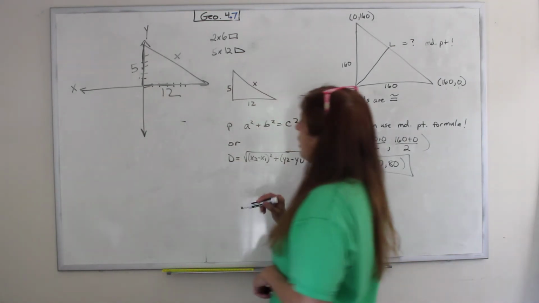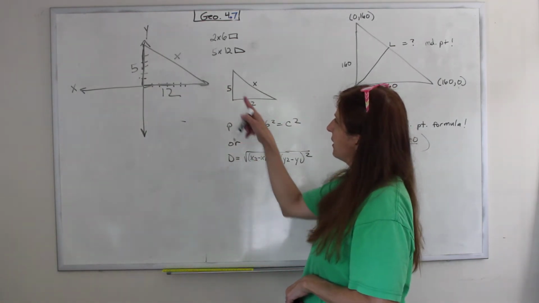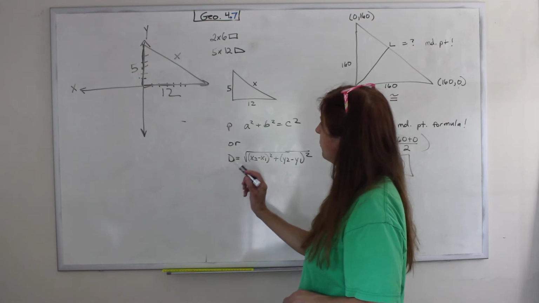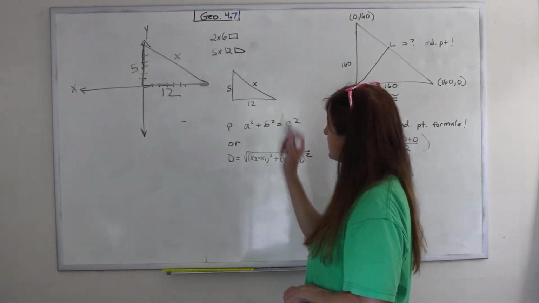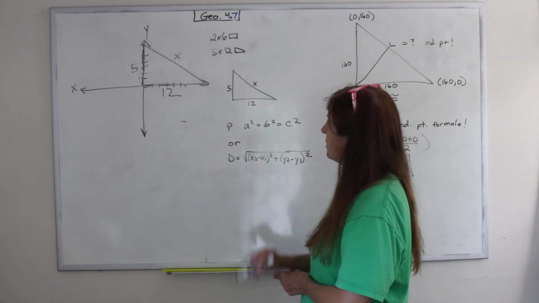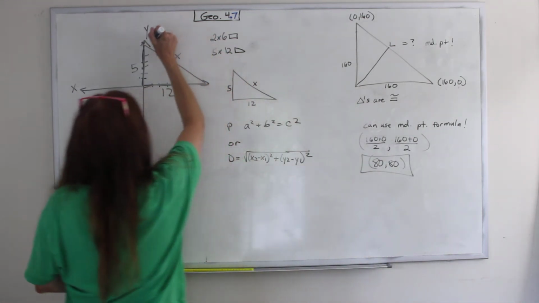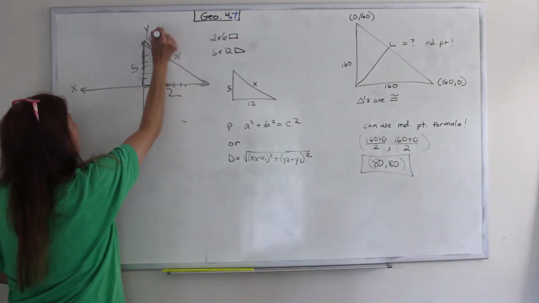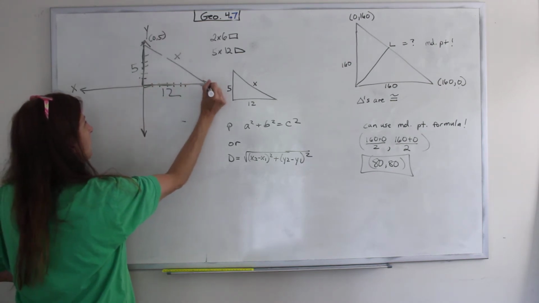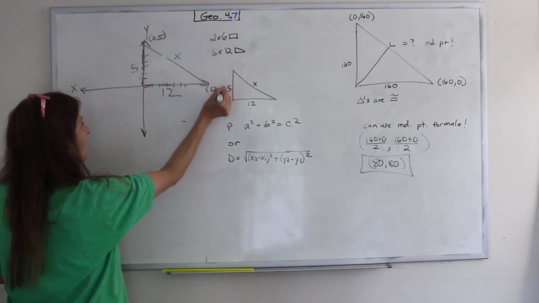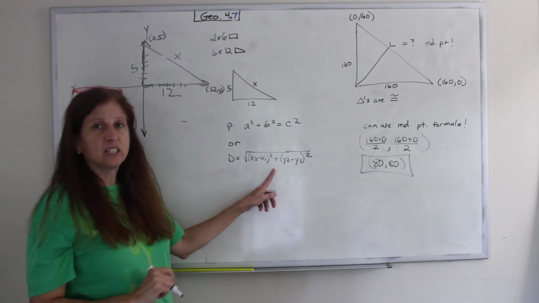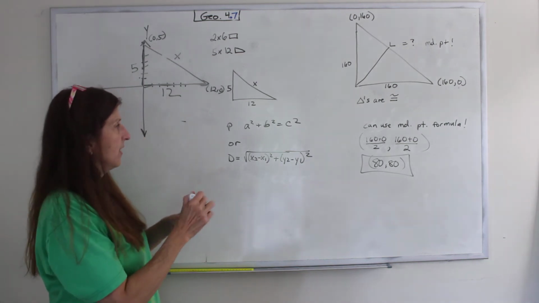We could do that a couple of ways. We could do the Pythagorean Theorem, because it's a right triangle, they told us. A squared plus b squared is c squared would tell us how long x is. Or we can use these 2 points. This point is (0, 5), and this point is (12, 0), and we can put them into the distance formula and figure it out that way too.